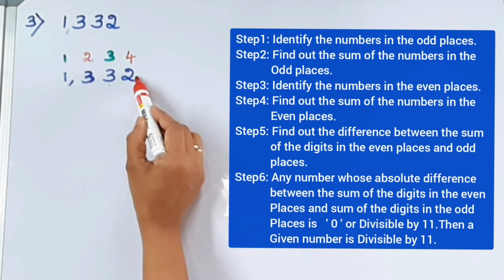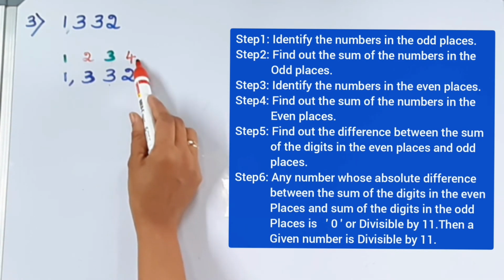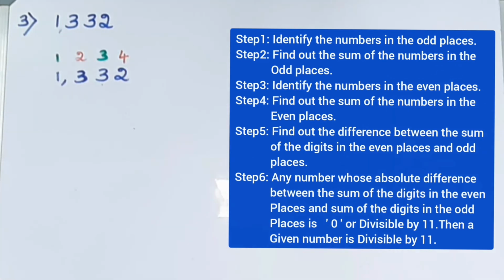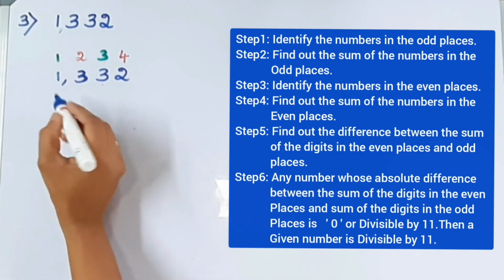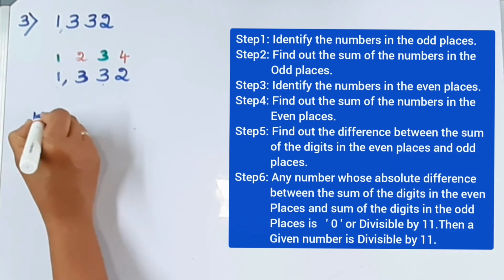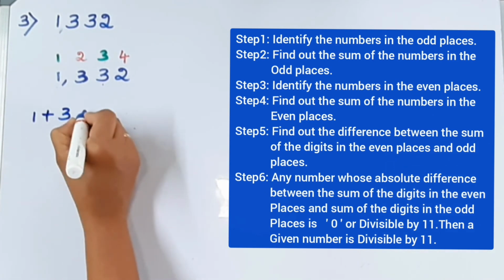And 2 is in the fourth place, so 2 is in the even place. Now let's find the sum of the numbers present in the odd places. That is 1 plus 3. 1 plus 3 is 4.